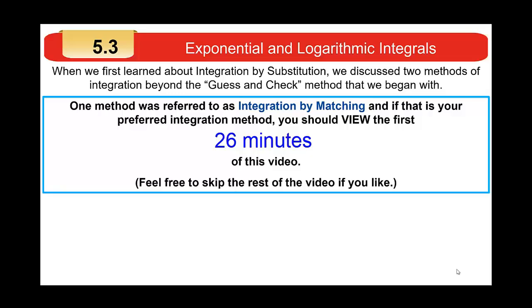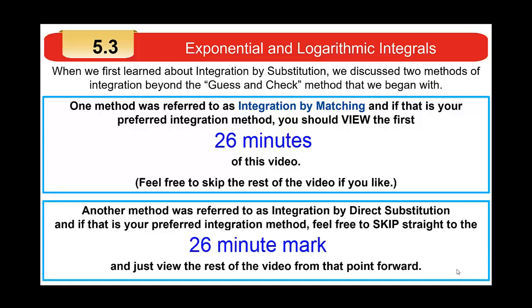And you can just skip the rest of it unless you just want to go back and look at the other method again. It's just the same problem solved again by the other method. Then, if you decided that the method we called integration by direct substitution is your preferred method, then you probably want to skip straight to the 26-minute mark and watch from there all the way to the end.